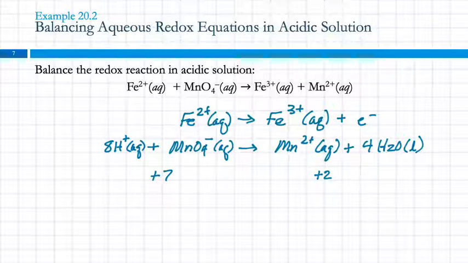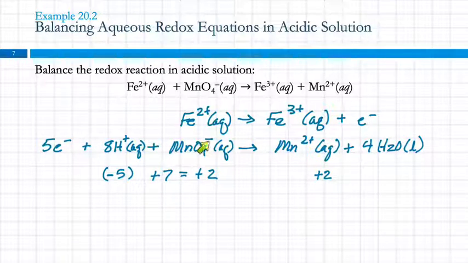So I can add 5 electrons to this side and bring this total down to +2. So all of the charges on the products, the total is +2. All the charges on the reactants are equal to all the charges added up on the products. I can't have charges appearing and disappearing.